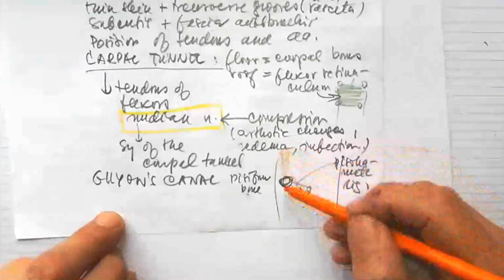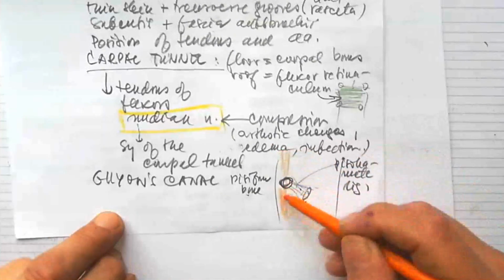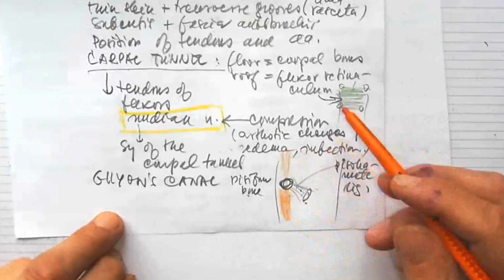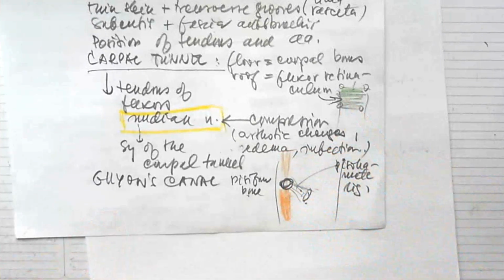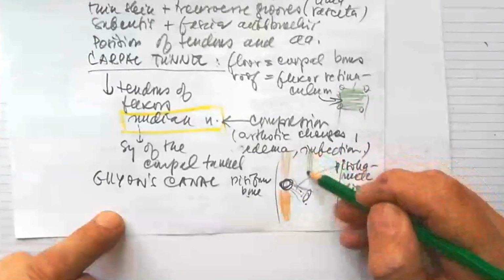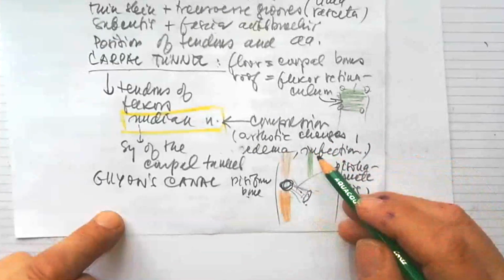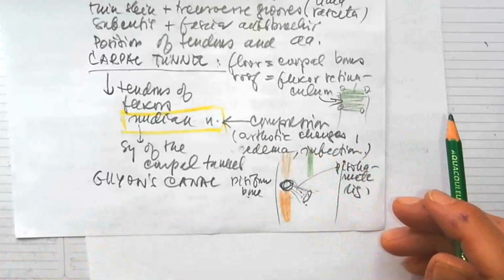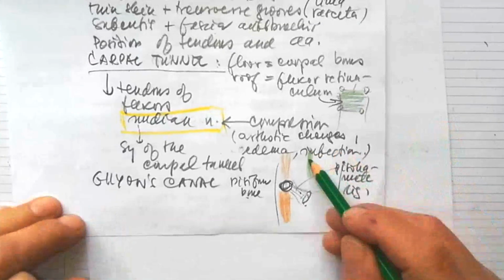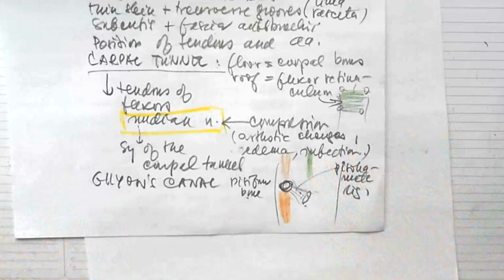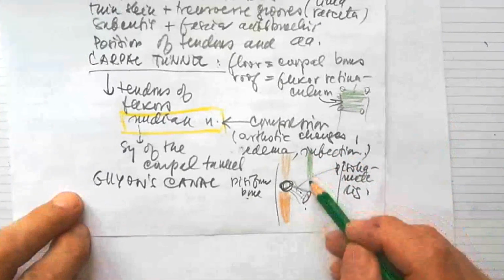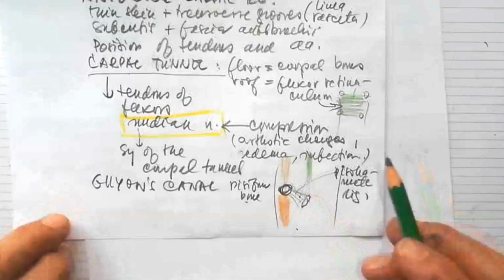Here is the flexor carpi ulnaris. Here is the abductor digiti minimi, etc. Here descends the aponeurosis palmaris and the palmaris longus. Not necessary, this would be more superficial, no need.